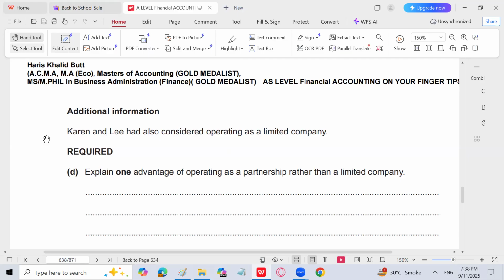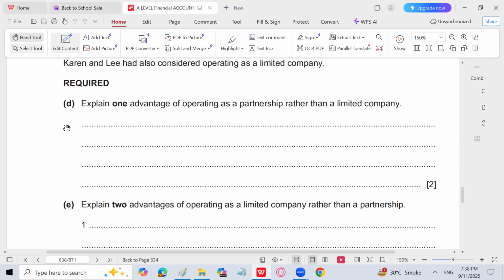In partnership, we have more control. Partners have control over the business. But in a company, we don't have proper control because there are so many people who are part of the business. So there is a problem of control, and decision making will become slow, because partners can sit together and make a decision. But in a company, because there are more owners, decision making will be a problem.